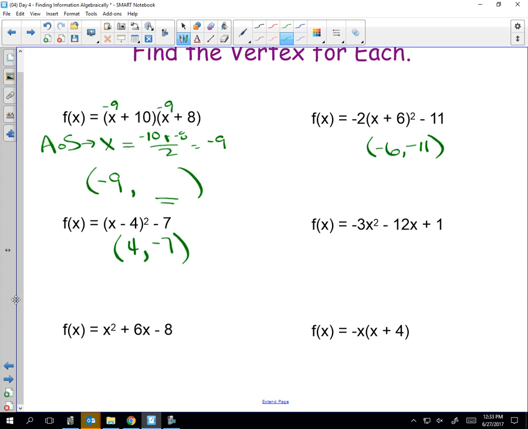So when we do that, we end up with a negative 1 and a positive 1. So negative 1 times positive 1 is a negative 1 for our vertex. Okay, this graph would be face up, so that would be our lowest value of the range as well.